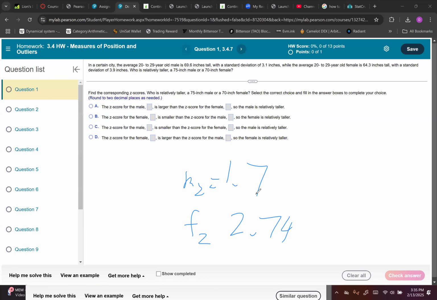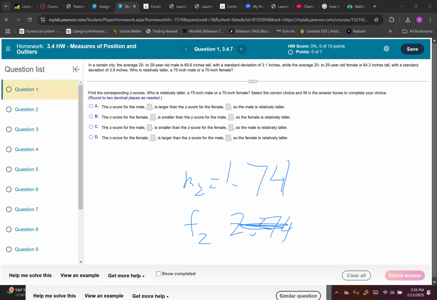Oops, 75 minus the mean. So I think I used the wrong mean. Let me try this again. So 75 minus the mean for males was 16.6. I think we got that one right. So that was 1.74. I think I did the female wrong because I used the male mean.